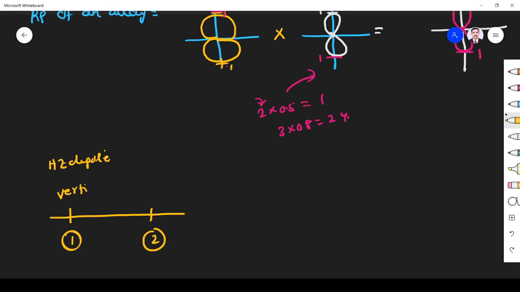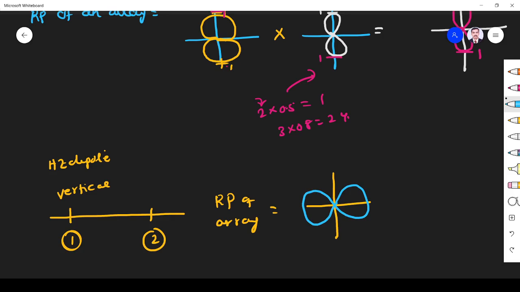What is the total radiation pattern of the array? It is given by the individual pattern times the group pattern. It is a vertical Hertzian dipole, so if it is vertically located, the radiation pattern of the individual Hertzian dipole is like that. Clear? This is the individual pattern. What about the group pattern? For a 2-element antenna, we know that the group pattern will be like this.